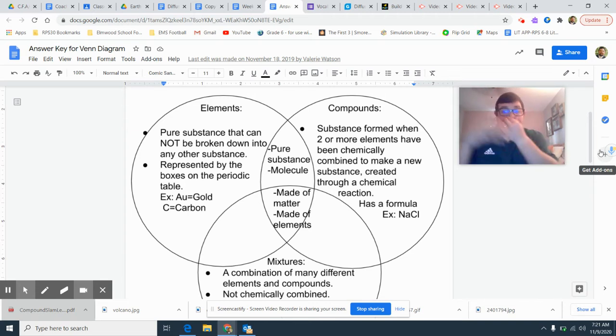Or you can have a compound that's a molecule like water, H2O, or like glucose, which is sugar. That's all non-metals, so it's still a molecule. So both elements and compounds can be molecules, and both elements and compounds are pure substances, meaning they have their own set of properties. So it's kind of like an identity, right?